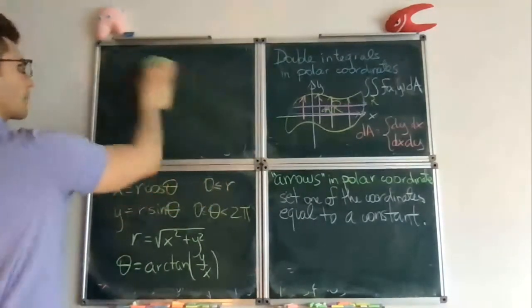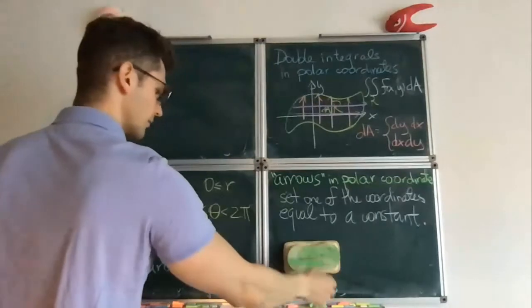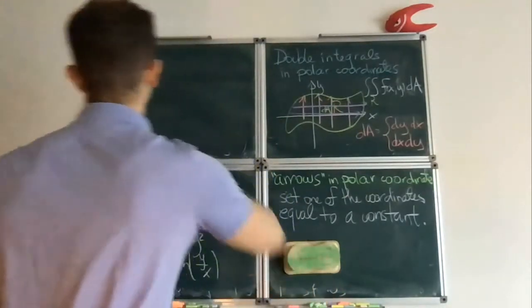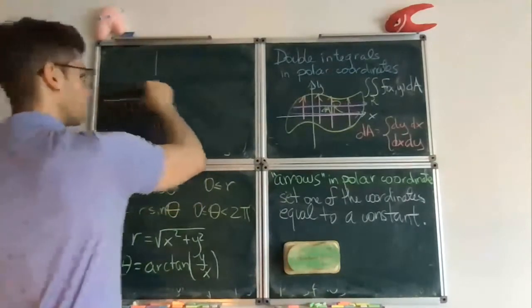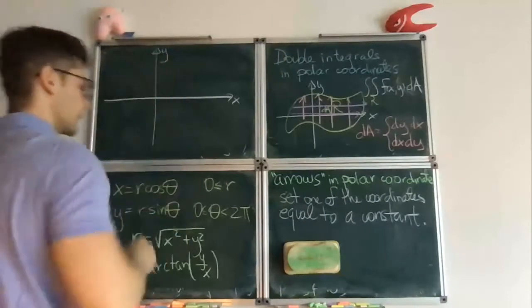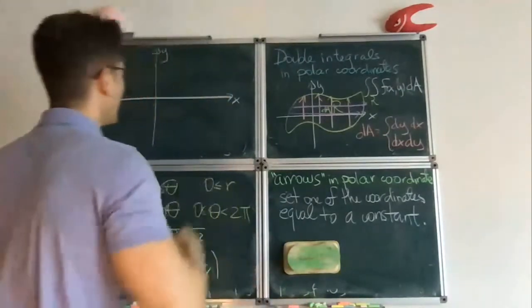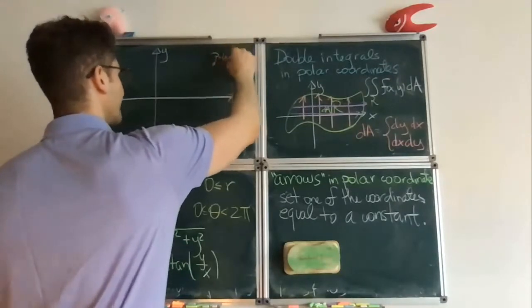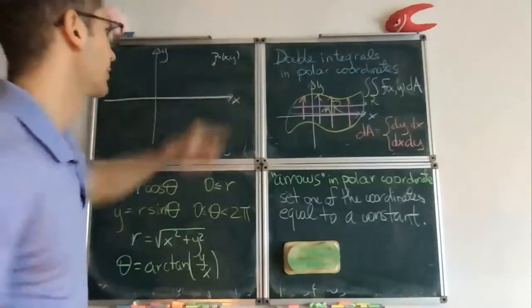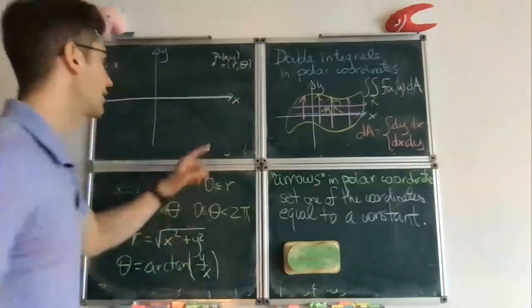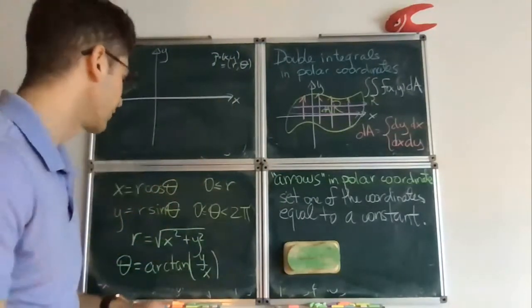So now we have the xy plane again. But now a point has coordinates, right? If this was a point which had coordinates xy, we're also saying that it has coordinates r theta, where r is the radius and theta is the angle, right?